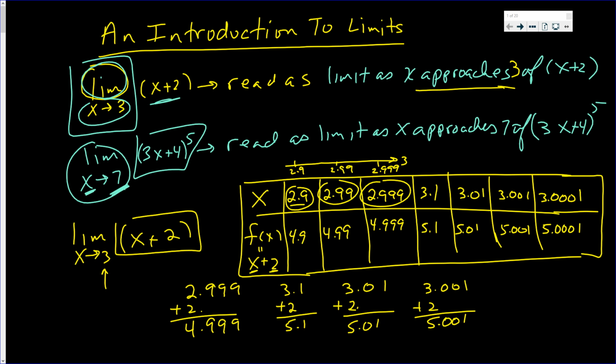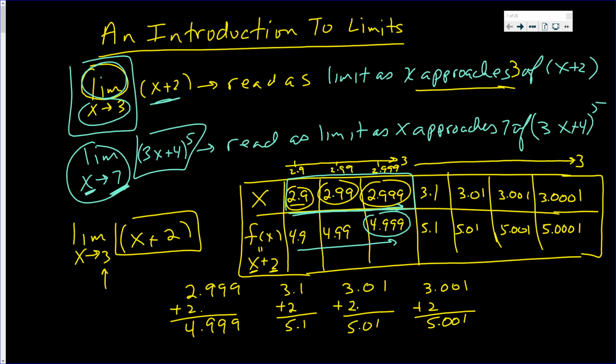Notice that these numbers are approaching 3 from above. Okay, but nonetheless, when I approach 3 from numbers below 3, these numbers are below 3, but I'm approaching 3. The function is approaching 5.